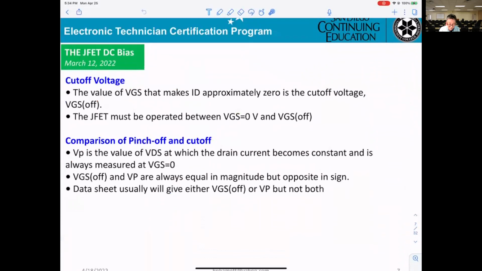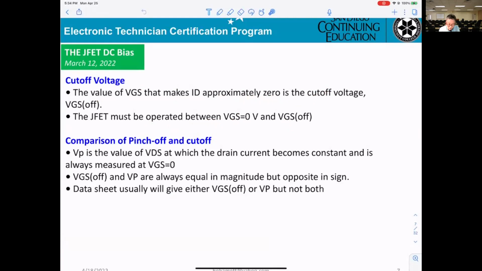Cutoff voltage: the value of VGS that makes ID approximately 0 is what we call the cutoff voltage. So at VGS off, ID equals 0. The JFET must be operated between VGS equal 0 and VGS off.